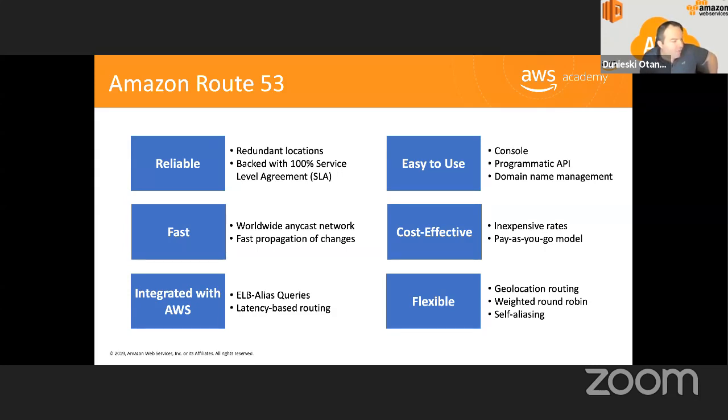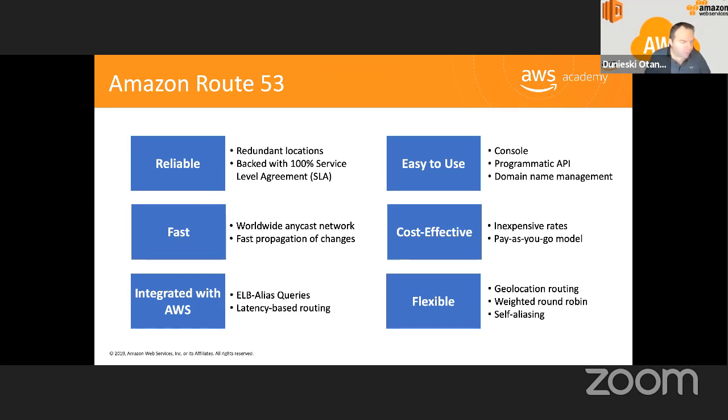But Amazon Route 53 is a tier 0 service, meaning that it is designed and maintained with the highest level of availability in mind, the highest of all. It's the best of the best.